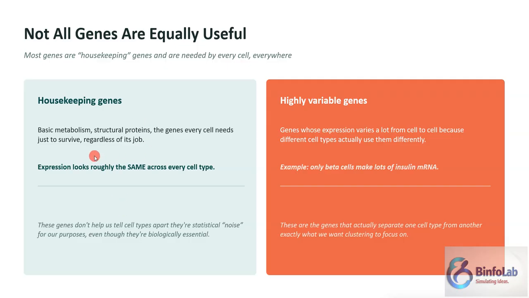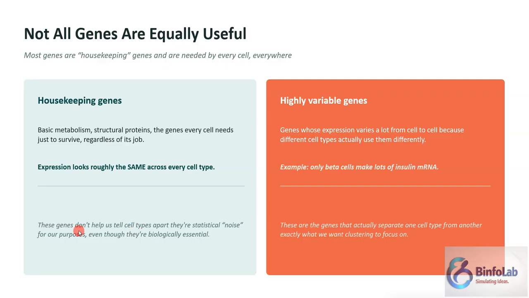And remember, their expression roughly remains the same across any cell type, because without the expression of those genes, the cell may face death. So that's why housekeeping genes are important.